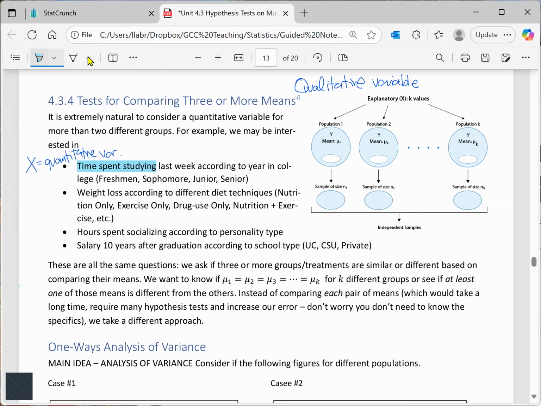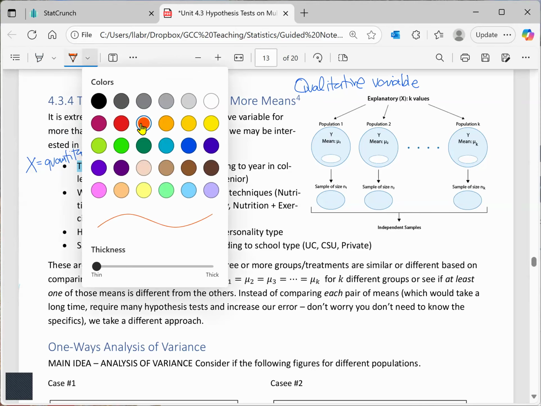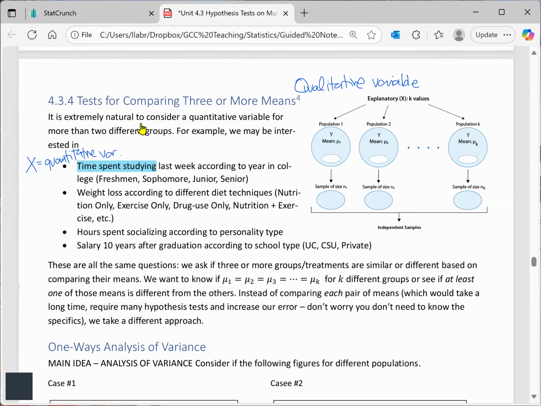And what we want to point out is that that is then grouped according to this qualitative variable, and that qualitative variable is class standing. So that class standing would give you group one. So that's one level. Group two would be another. Group three, and so on until we get to senior. All right, so that's for that example.